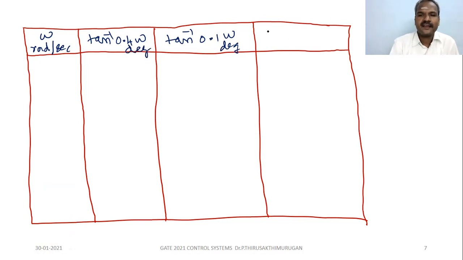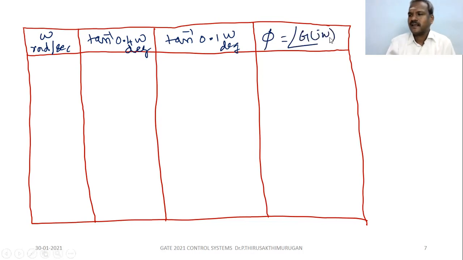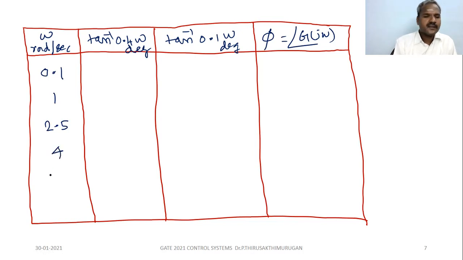So this is the final phase angle of G of j omega, computing the formula. Okay. So for the frequencies, the first starting lowest frequency, then 1, then 2.5, then 4, some value you can take 4, then 10, then 20, then 50, etc.